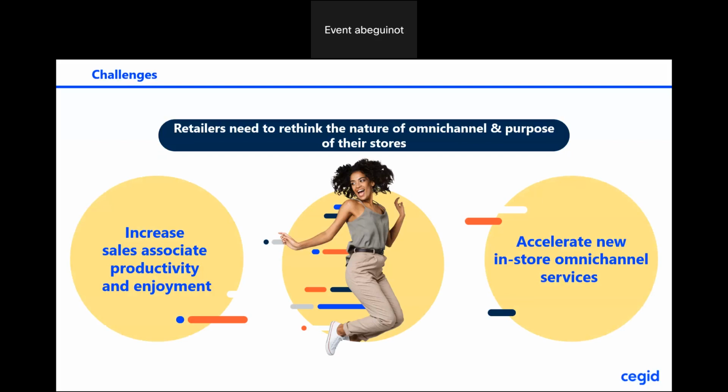Because if they like the tool, if they like the application, of course we increase their productivity, we increase the way they use the application, and we accelerate the implementation of new services like the pickup in store, like the order processes, like the ship from store that we will highlight in a few minutes.